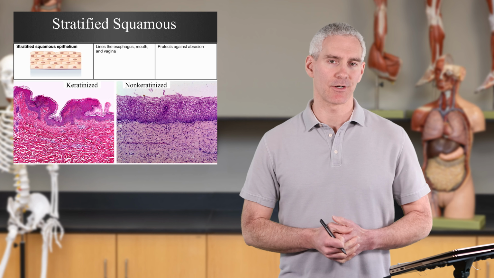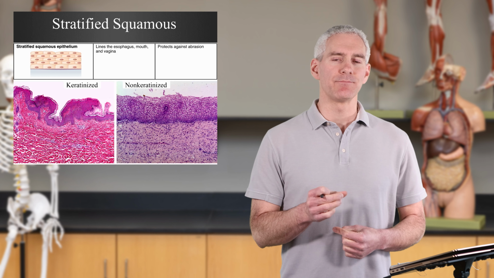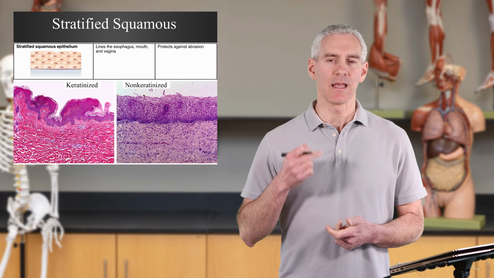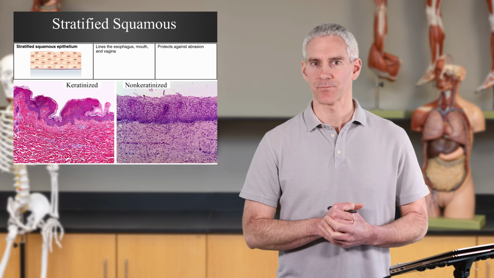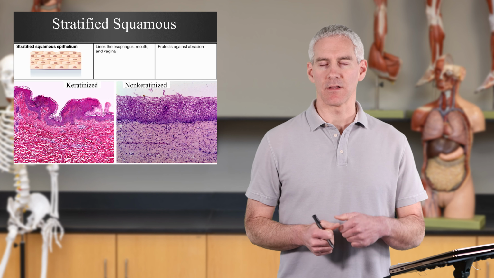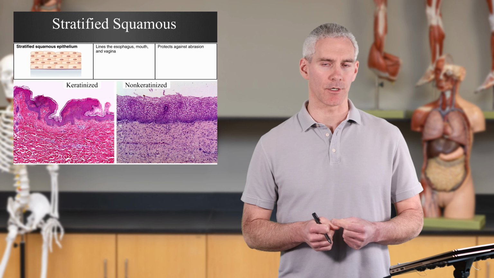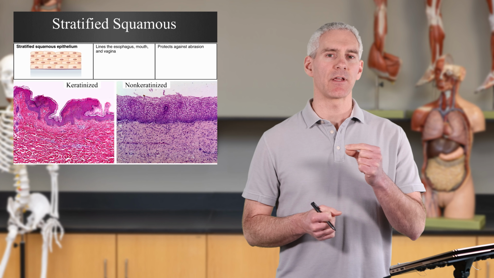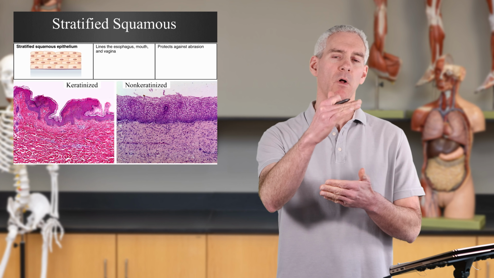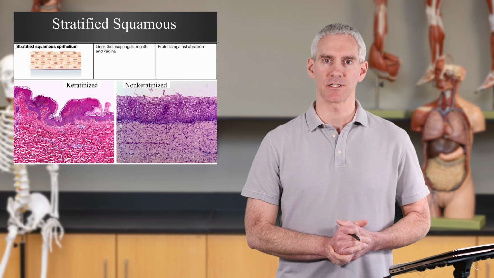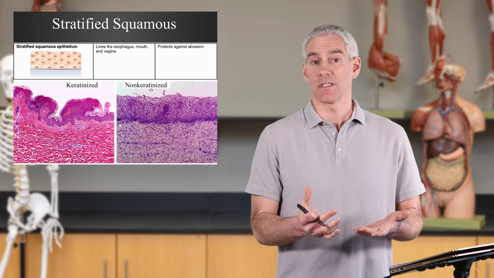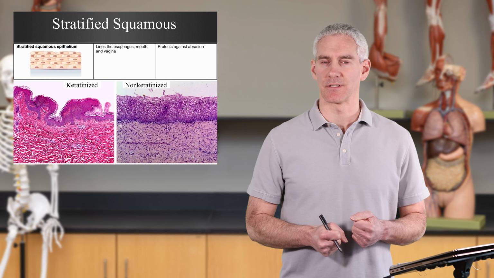Now the non-keratinized, that is more of a moist membrane inside the oral cavity, lining the vaginal canal, lining the anal canal. It's where friction can still occur, but it has a protective basis by having the multiple layers of stratified squamous. So really the biggest thing here is protection.